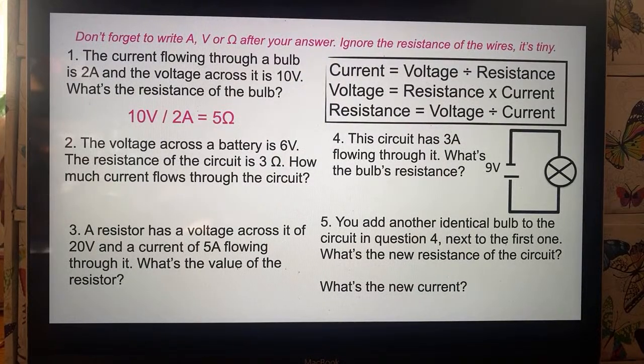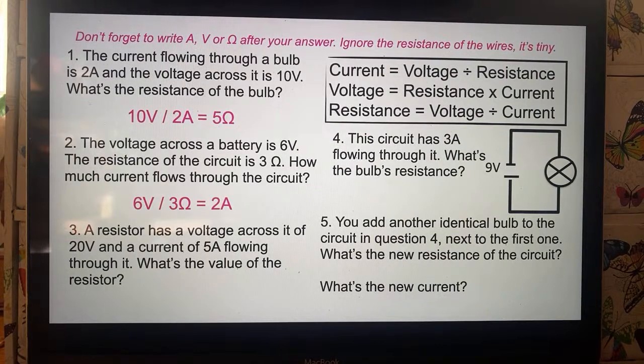Number 2, the voltage across a battery is 6 volts. The resistance of the circuit is 3 ohms. How much current flows through the circuit? Again, we've got the voltage of the battery and the resistance of the whole circuit. So the current flowing through the circuit is voltage divided by resistance, which is 6 volts divided by 3 ohms, which is 2 amps.